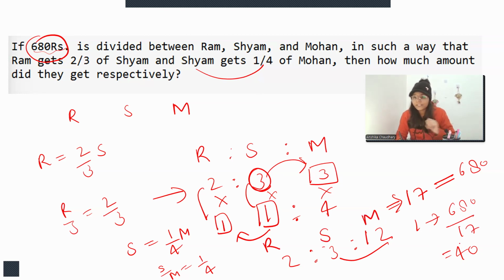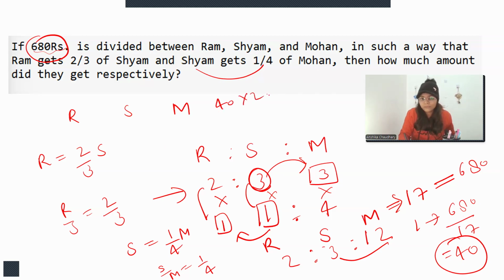Suppose the property is 40 per part. Two parts will go to Ram, so 40 into 2 will be for Ram, right? Then three parts will go to Shyam, so 40 times 3, it will become 120.